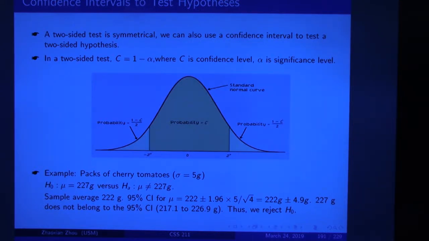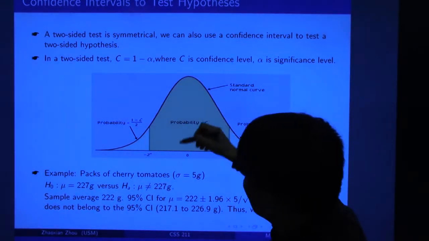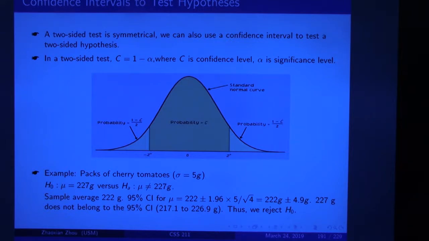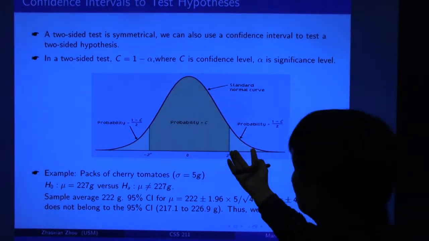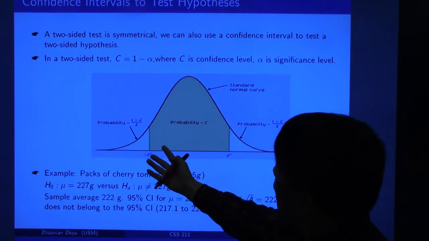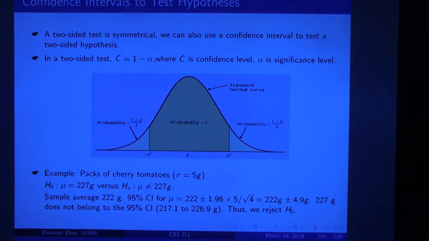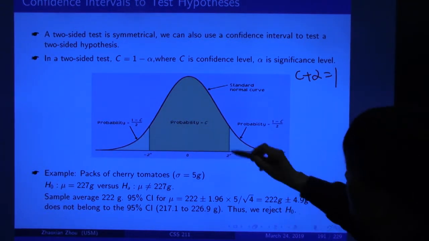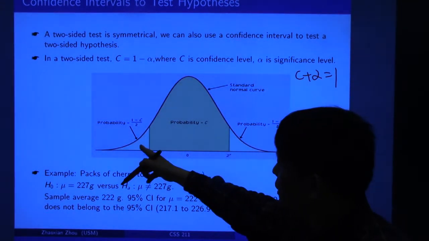In a two-sided test, this probability is the confidence level C, and this part will be equal to the significance level alpha. So C plus alpha will be equal to 1. C is in the middle, alpha is this and this.